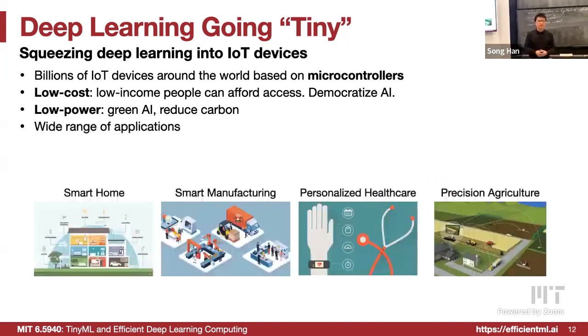And these TinyML applications have a lot of usage across different aspects, like smart home, to control different appliances, smart manufacturing, to do automatic defect detection, personalized healthcare, to adjust the dose according to different patients' symptoms, and also precision agriculture.